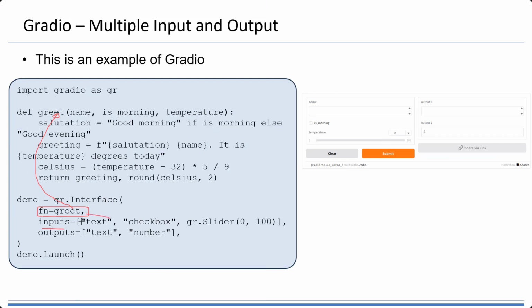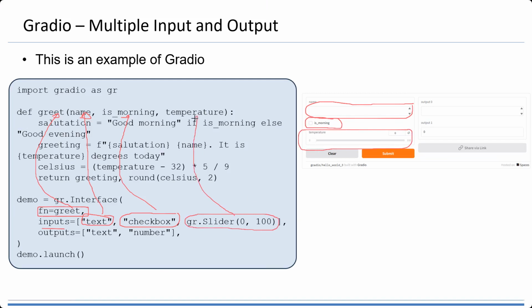The first input is text. The text will cover this text, and the value of the text will be the name. The second will be the checkbox, so the checkbox will be the second value, and the third one is the slider. The slider value will be the temperature.